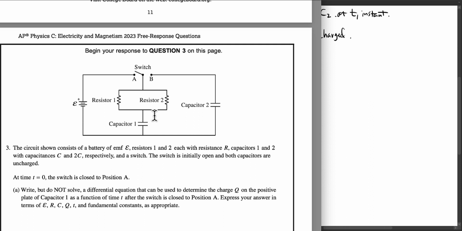So the two upper plates here are connected in parallel, which is why they both carry positive charge. Okay, so electrons will move from capacitor 2's positive plate to the upper plate of capacitor 1. So that's why capacitor 2's upper plate will carry positive charge.